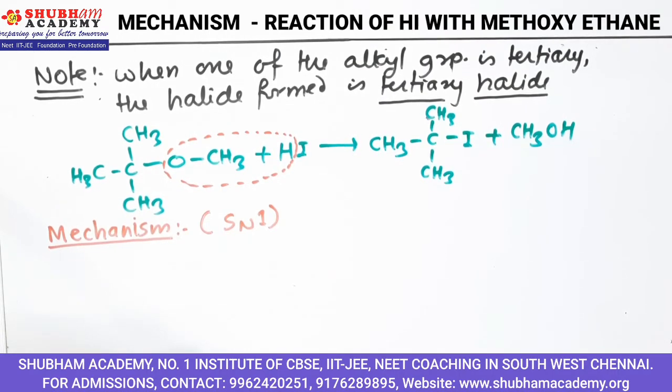We will see the mechanism part. This reaction proceeds through the SN1 mechanism. Now, what is the SN1 mechanism? In the SN1 mechanism, the reaction is carried out in two steps. In one step, a carbocation is formed, and in another step you will get the substituted product.